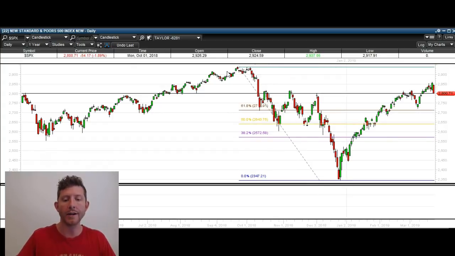If you draw it from the highs we made in September to the lows we made in December, you can see that we broke over that 61.8 level, well above it, because that 61.8 is right down here. To me that showed us that this bearish move was kind of over once we cleared that 61.8.